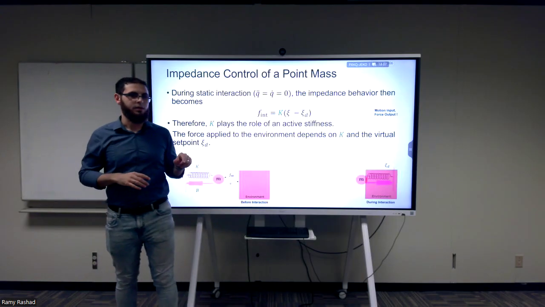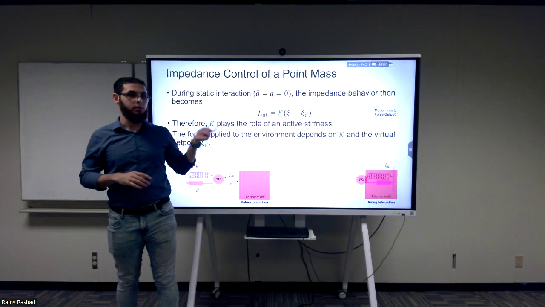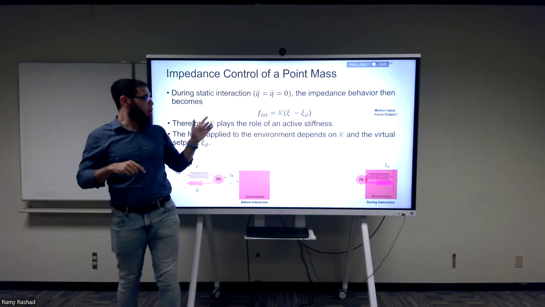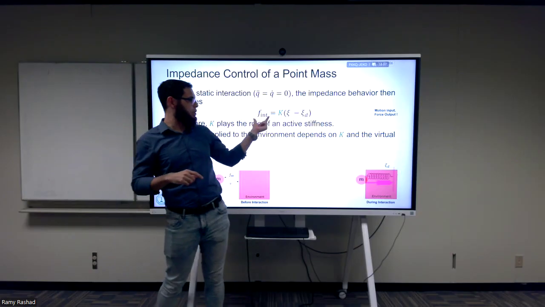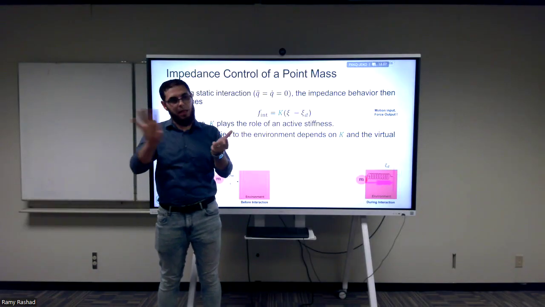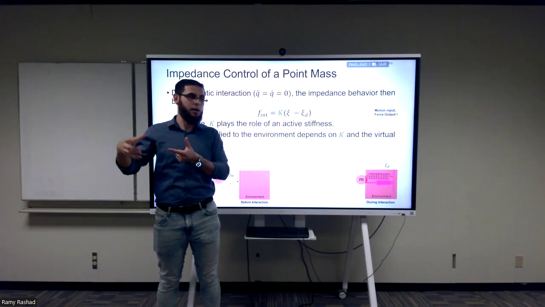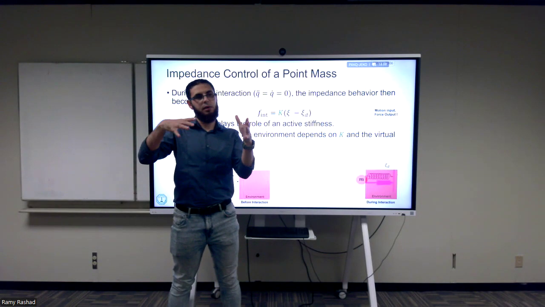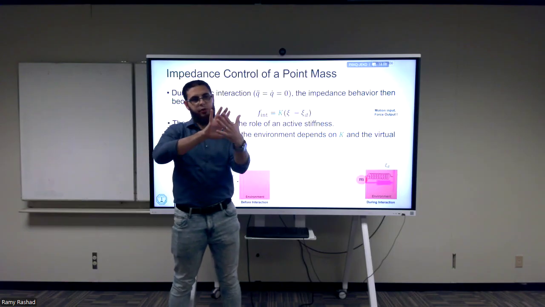The controller doesn't care about the environment, and that's the problem. This is only how the interaction force applies. But what if the environment itself has some dynamics of its own? Imagine a spring. Imagine that the environment itself has some stiffness. It's a soft material that when you're pushing on it, it has some frequency.